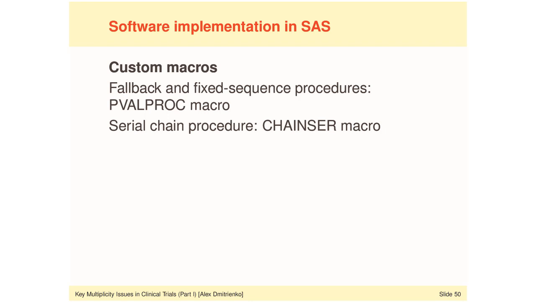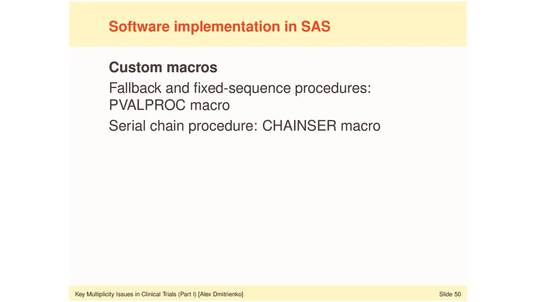I would like to begin by saying that as of this time in SAS version 9.4, these procedures are not supported by standard SAS STAT procedures, but there are 2 macros that were written by me to support these popular multiple testing procedures. First, the %PvalProc macro, which I introduced in Module C. It also supports the fallback and fixed sequence procedures.